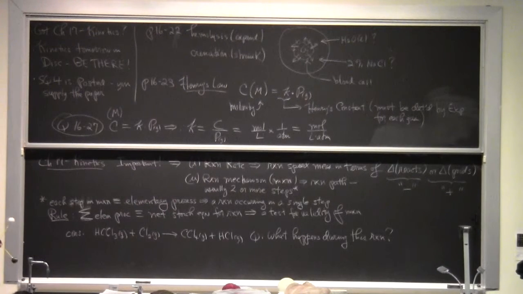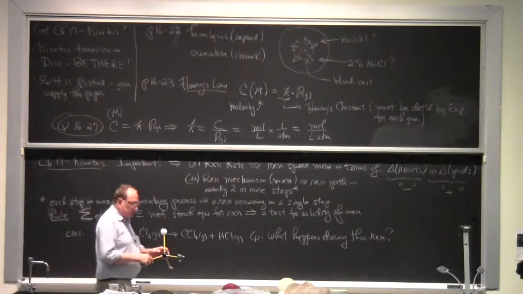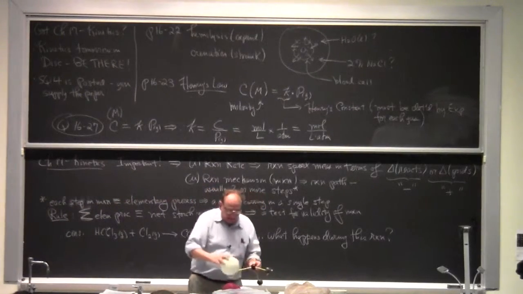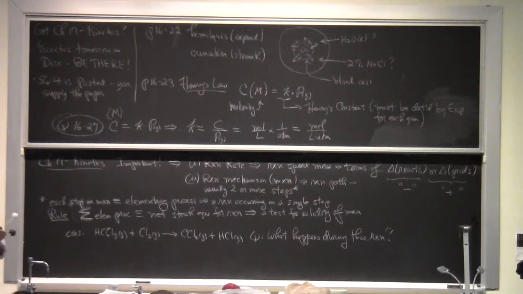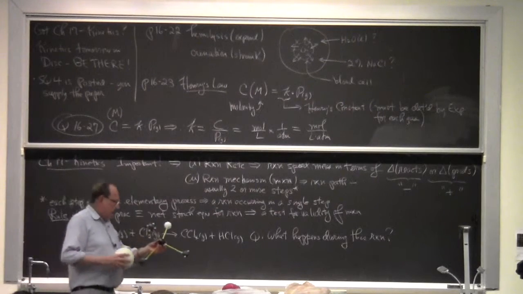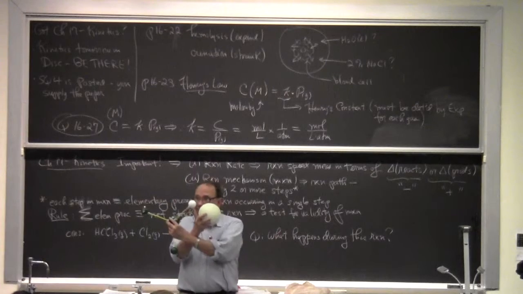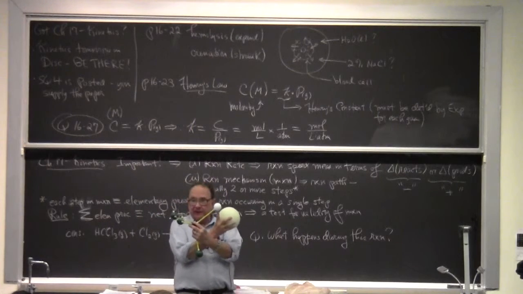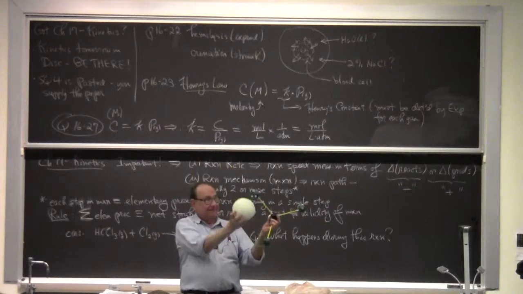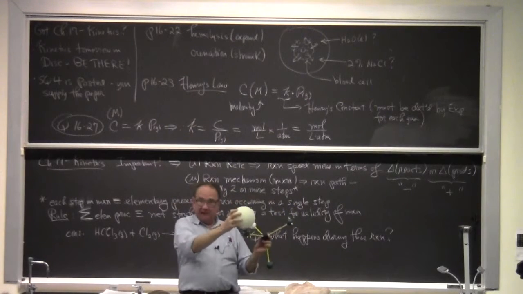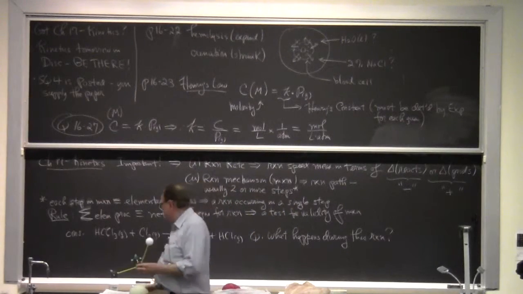That's too bad. So, in your mind's eye, I want you to look at this as the hydrogen atom. And these are each these big chlorine atoms, okay? Three big chlorines.